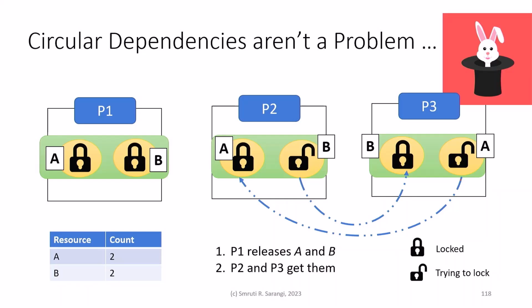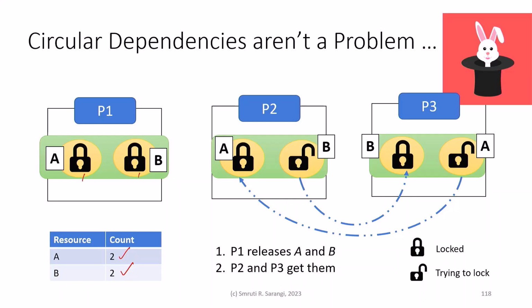So let us assume there are 2 types of resources, class A and class B. There are 2 resources of type class A, 2 resources of type class B. At a given point of time, process P1 has locked 1 instance of A and 1 instance of B. So 1, 1 is locked and 1, 1 is left.